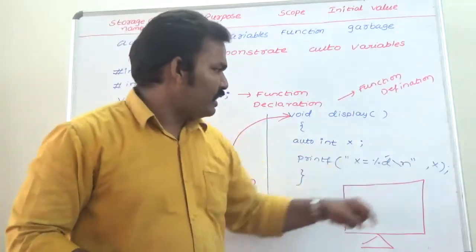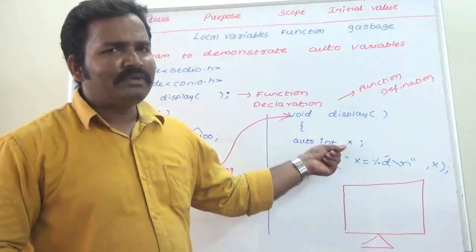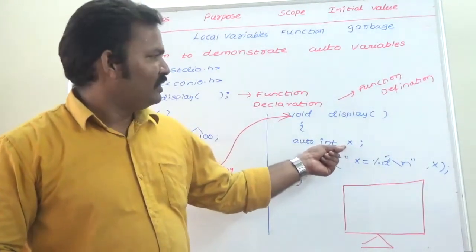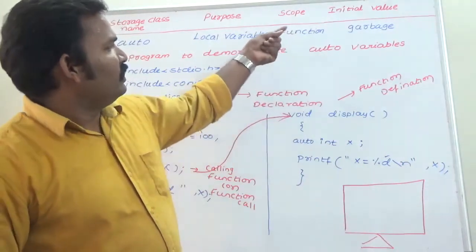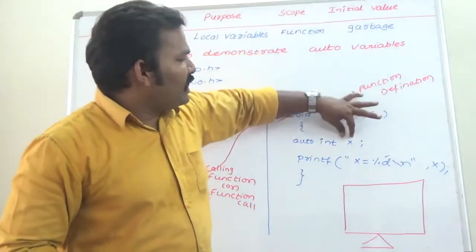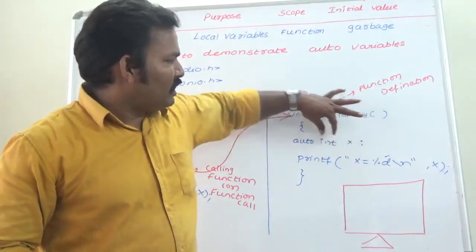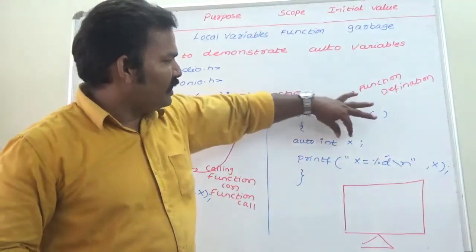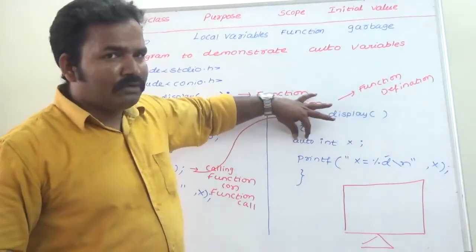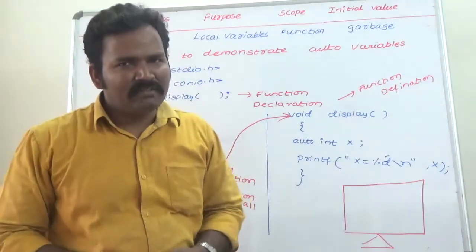So what is the x value here? We have not assigned any value to the x variable. Remember one point: when no data is given to an auto variable, it is automatically initialized to a garbage value.